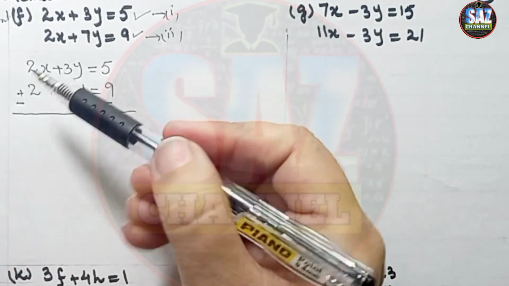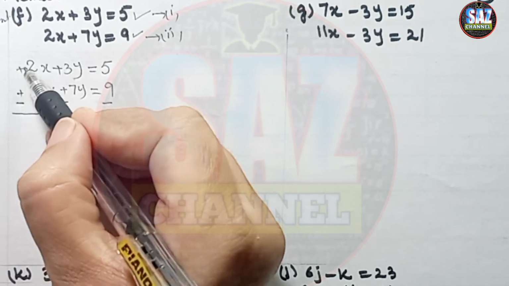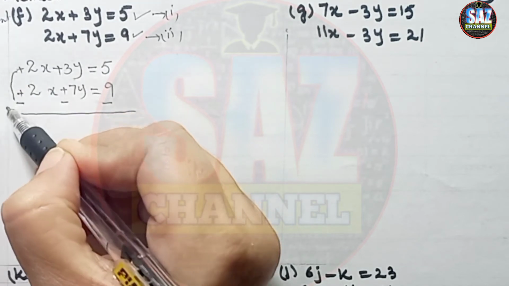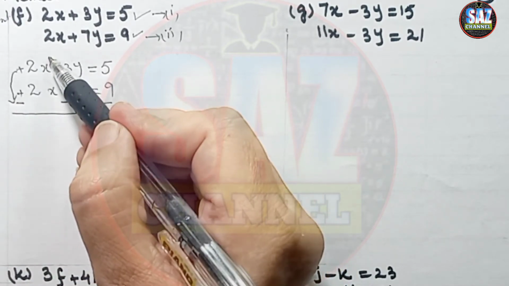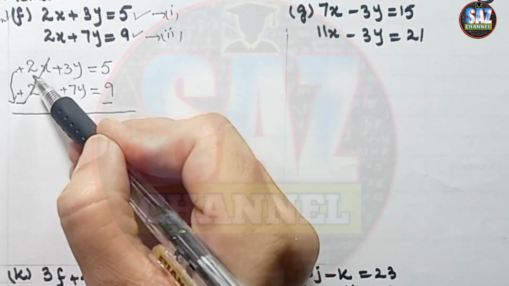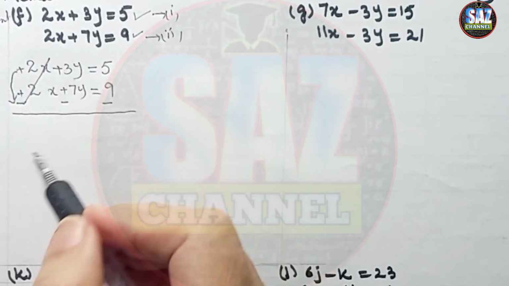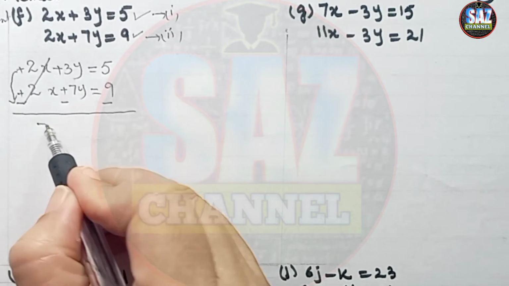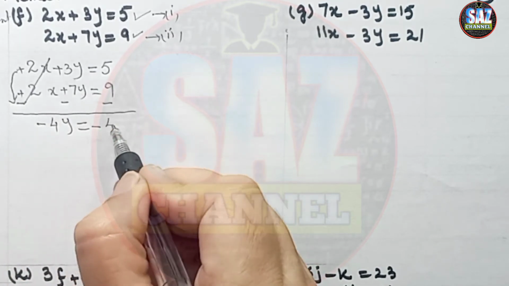Now I can see that the coefficient of x here is positive 2, and here it is negative 2. So I can cancel the x term, and I will be left with 3 minus 7, which is minus 4y equals 5 minus 9, which is minus 4.